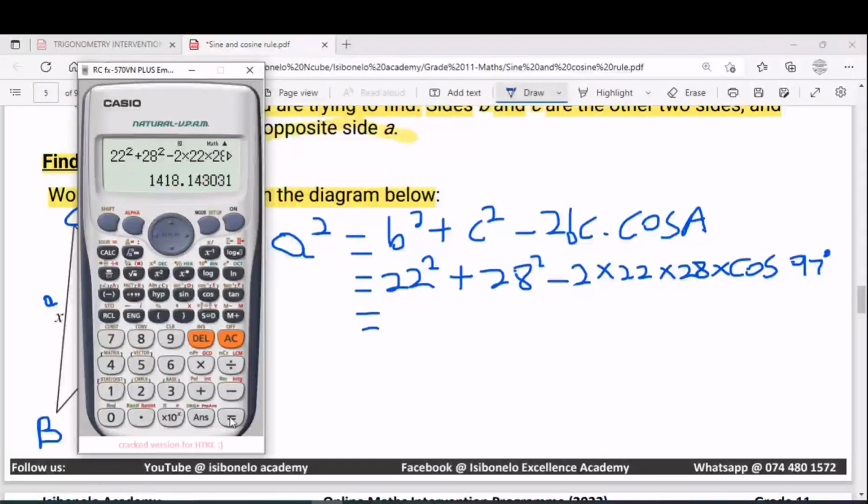Kuphuma 1418,143031. So this is not the final answer since we round off, so ifaka njengoba injalo.